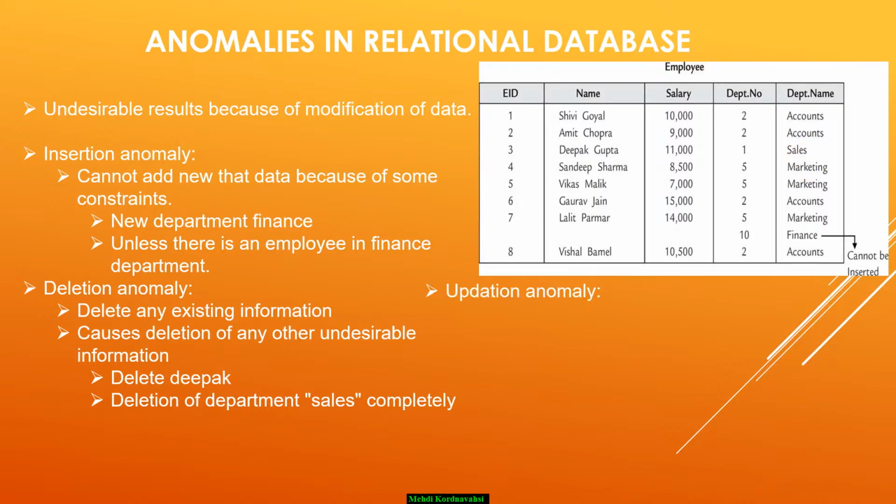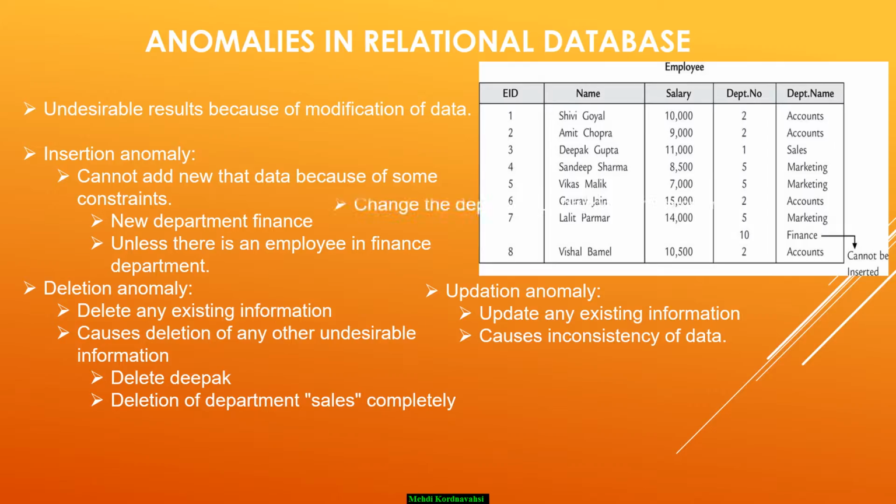The next is updation anomaly. The updation anomaly occurs when you try to update any existing information in any relation, and this causes inconsistency of data. For example, in relation employee, if you change the department number of department accountants, look at here, there are 4 accountant department records in this table.